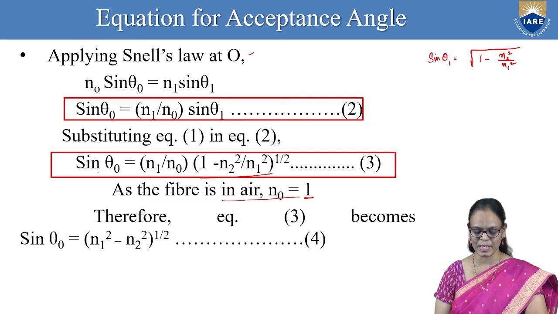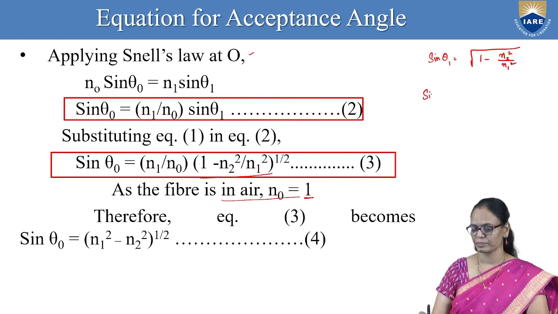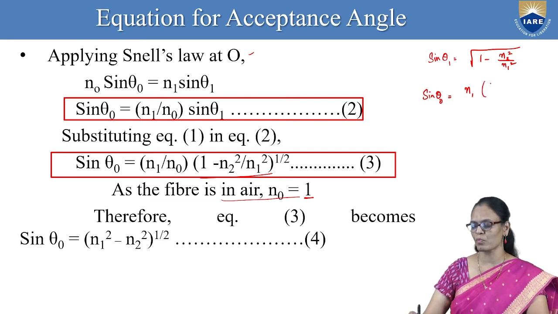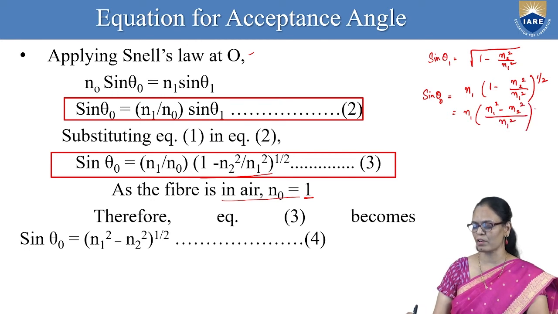So now what happens? Sine theta naught is equal to N1, because we have taken N naught as 1, into (1 minus N2 square upon N1 square) power half. Or we can also write it as N1 into, taking the LCM, ((N1 square minus N2 square) upon N1 square) power half.